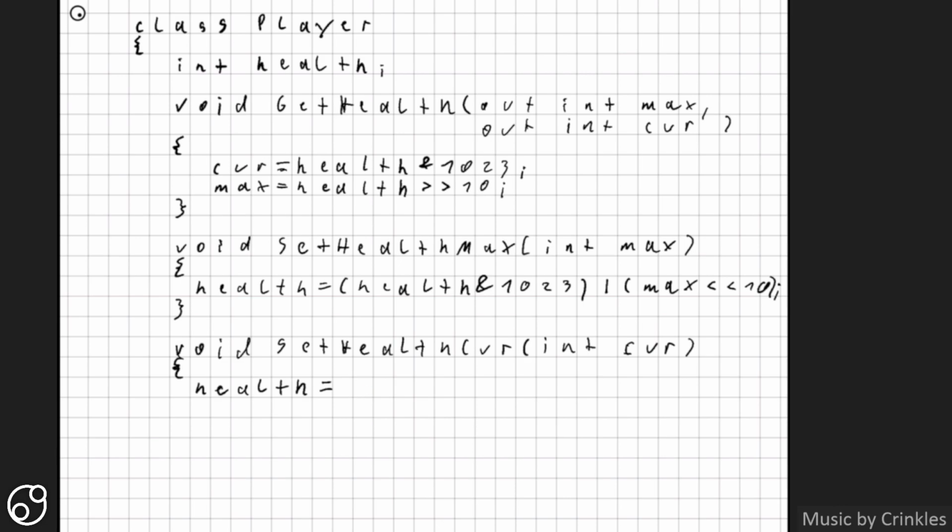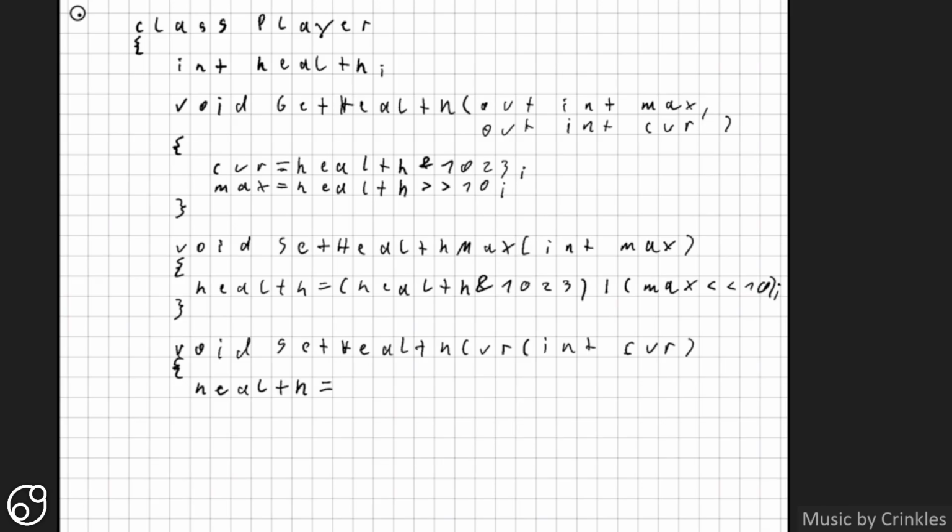So what we want is to use the old value health, but remove all the bits in the lowest 10 bits. The 10 least significant bits. So we want to set them all to 0. That means we have to create a number that's all ones except for the last 10 bits, which need to be all 0.